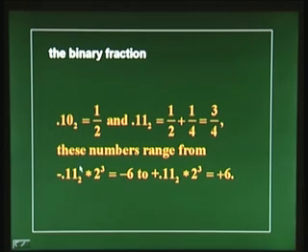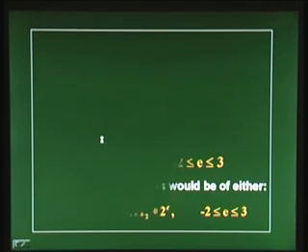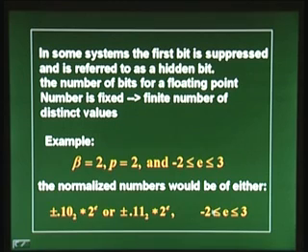So now that means these numbers can range from -6, right? So what is the smallest number it could have, if you think about it? We just saw the range of the exponent is -2 to +3.